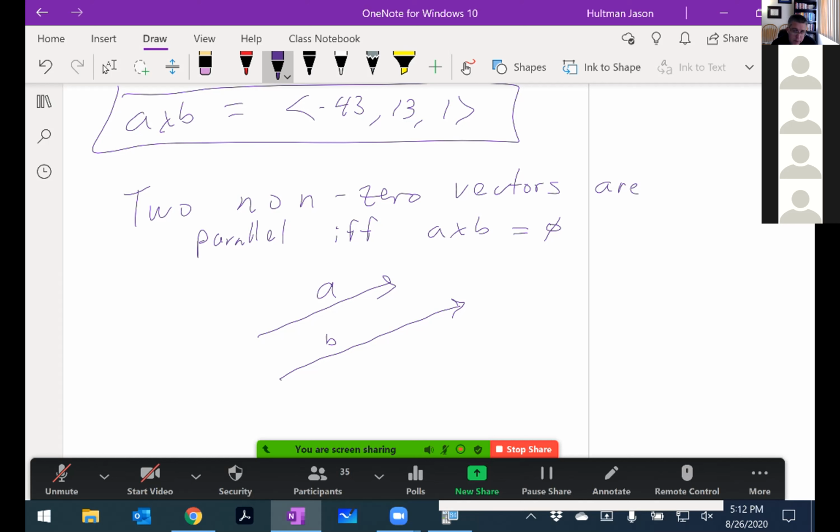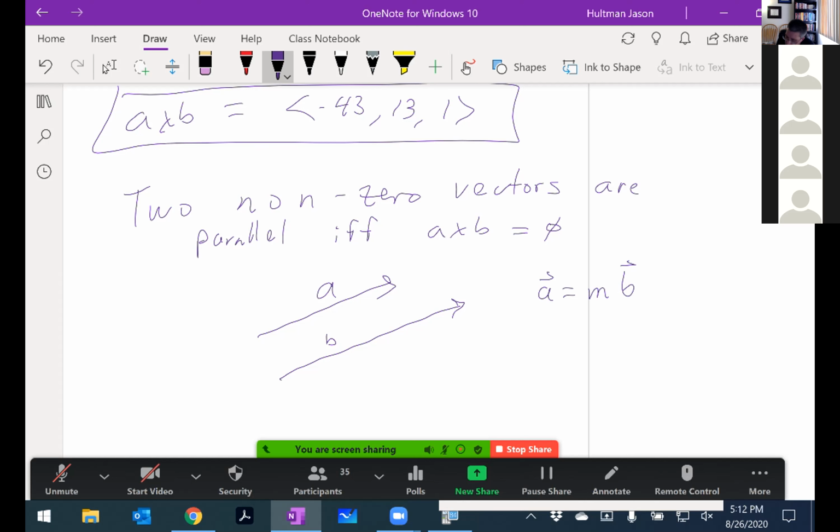Okay. So then they're parallel vectors. They don't intersect. So it just means that A is a scalar multiple of B. That's all this means, is that A is a scalar multiple of B.